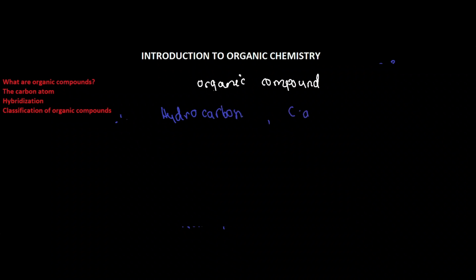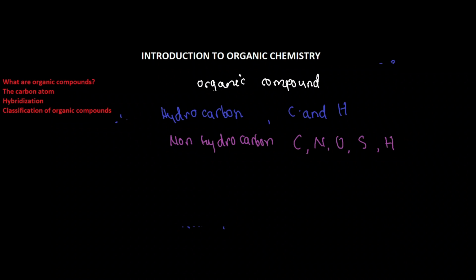Hydrocarbons contain only carbon and hydrogen, and the non-hydrocarbons contain other elements but with carbon as the central element. So they could contain nitrogen, oxygen, sulfur, and could of course include hydrogen here. So this is the general classification of organic compounds.